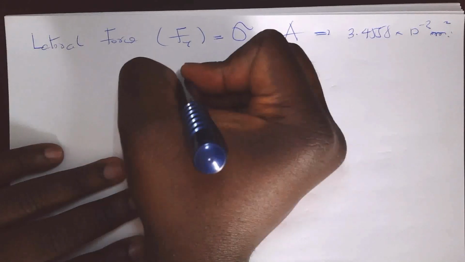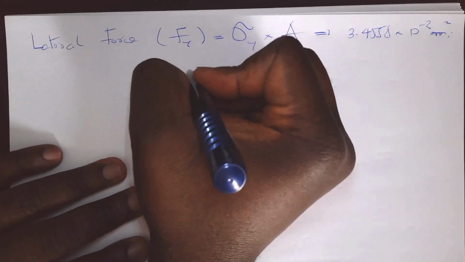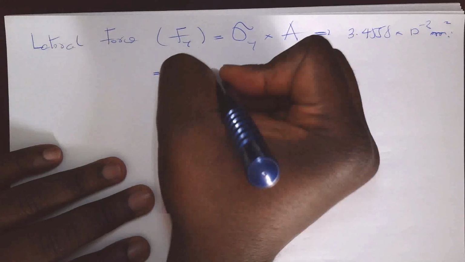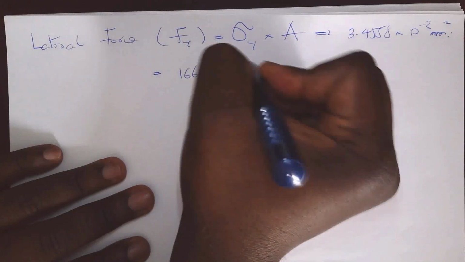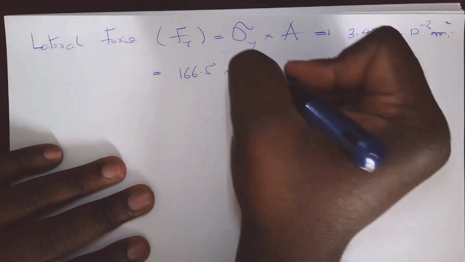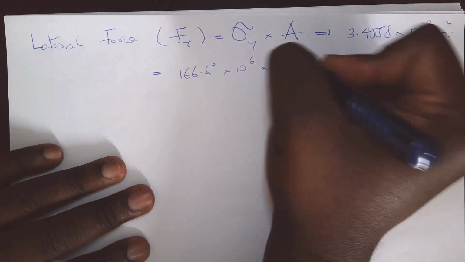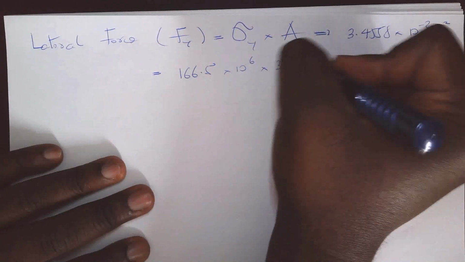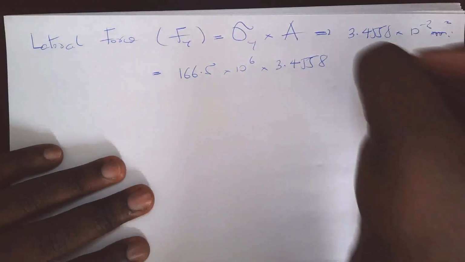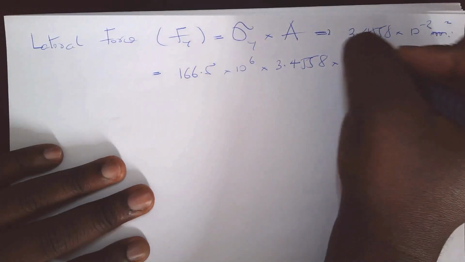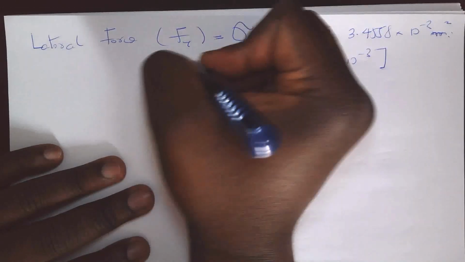So this becomes 166.5 times 10 to the power 6 by 3.4558 times 10 to the power minus 3.